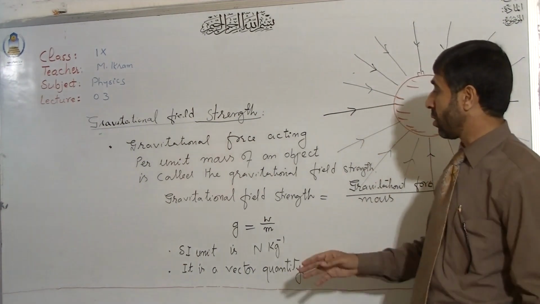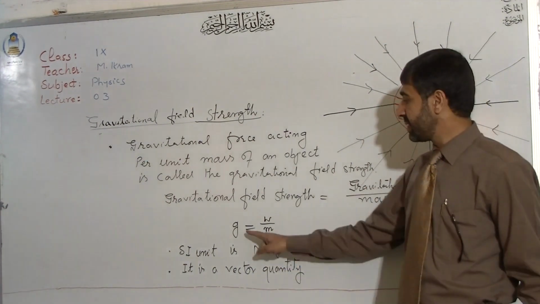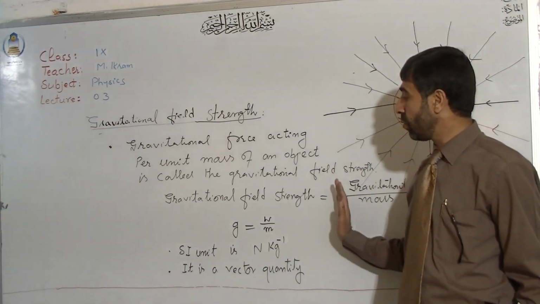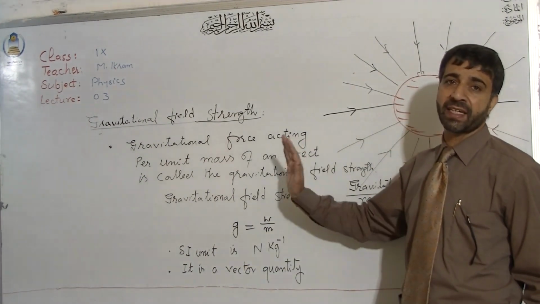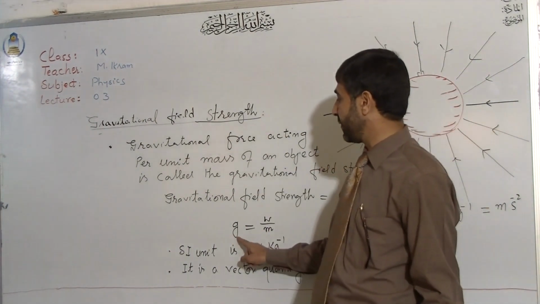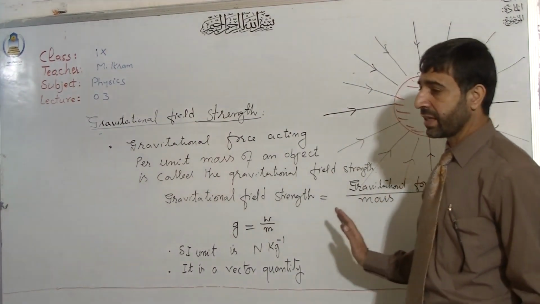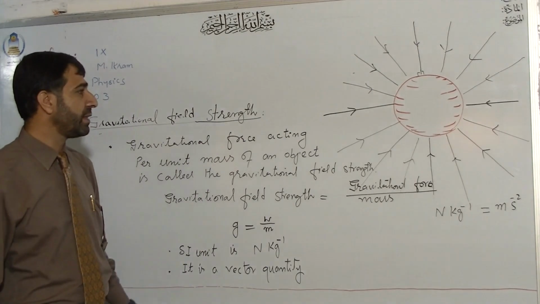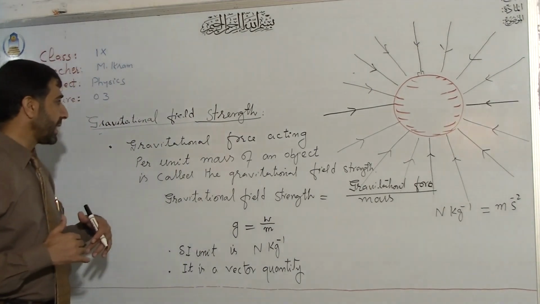For example, look at the black hole. This g for the black hole is very large. It is so large that even light cannot escape from it. So the greater this gravitational field strength, the greater will be the gravitational force of an object.